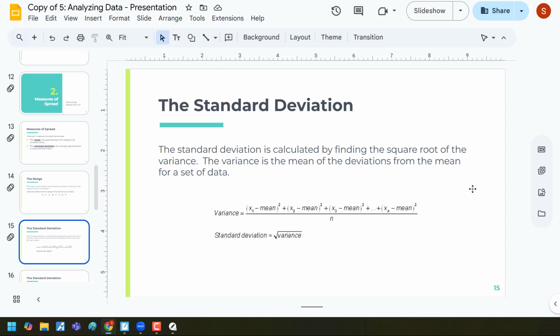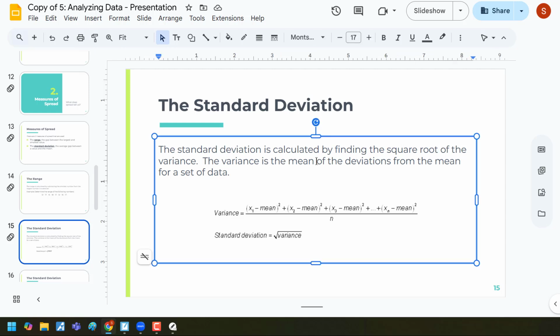This is called the standard deviation. I've had to do this many times in my university academic career. It's extremely annoying. Extremely. The standard deviation is calculated by finding the square root of the variance. The variance is the mean of the deviations from the mean for a set of data.